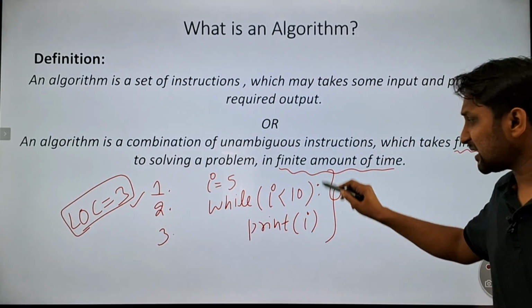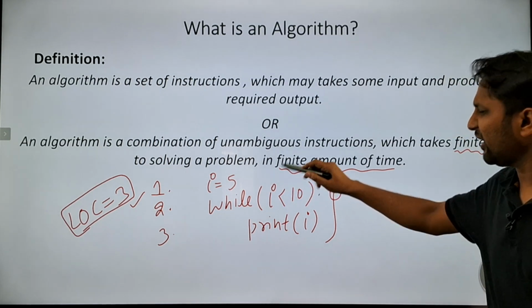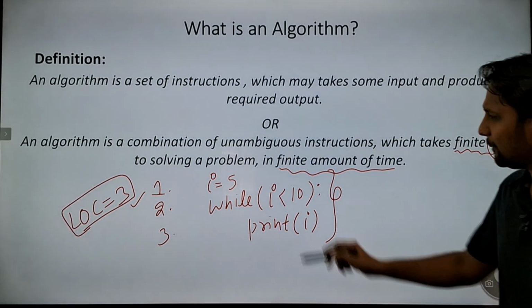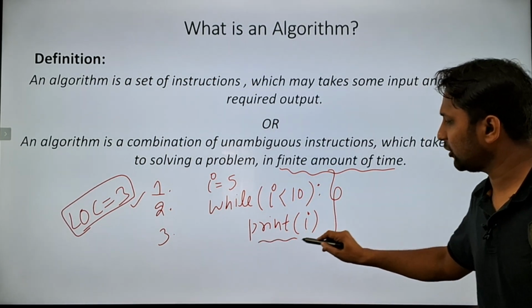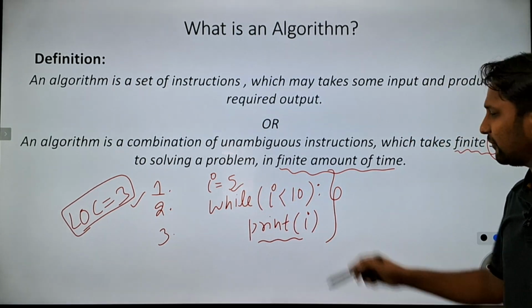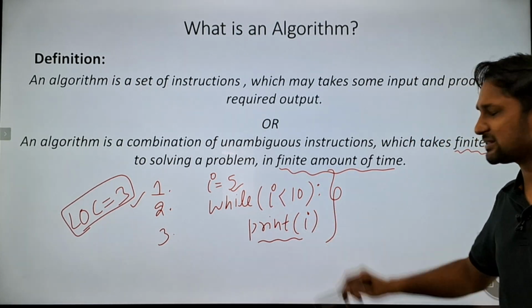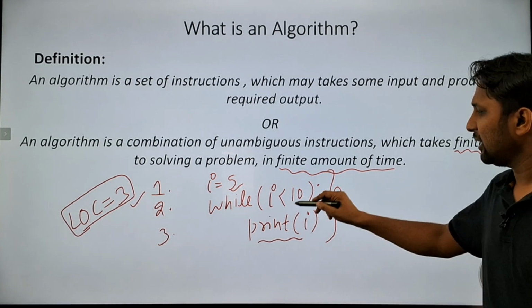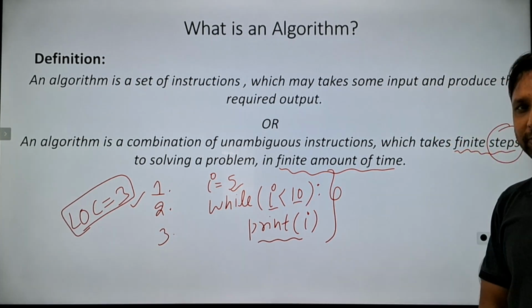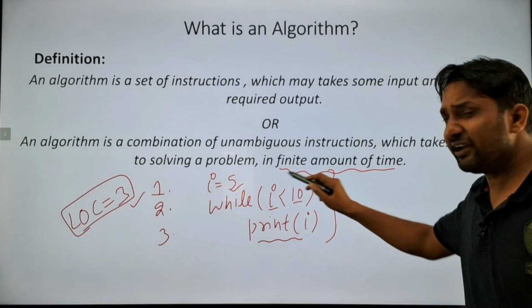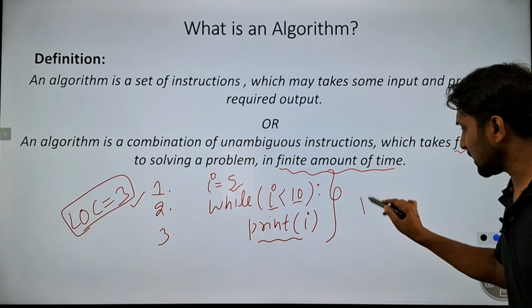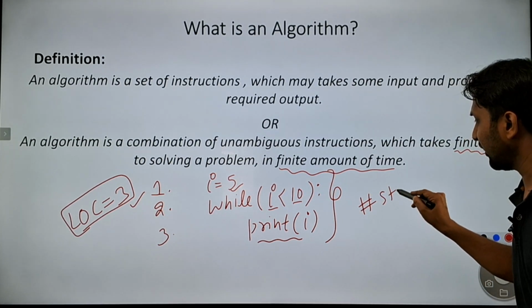Why is it taking infinite steps? Because we are not incrementing the I value. I value remains the same, 5, and you will keep moving inside this loop, printing this I value 5 again and again. It will remain less than 10 only. So the number of steps here is infinite.